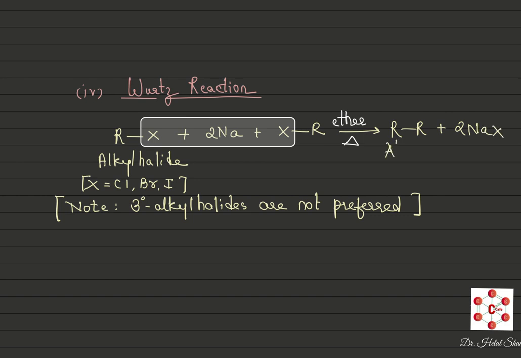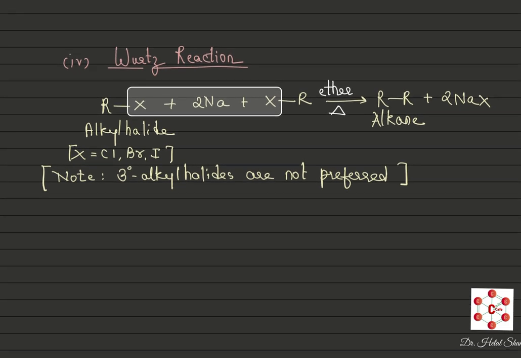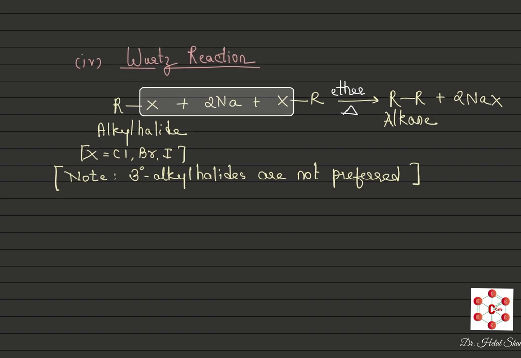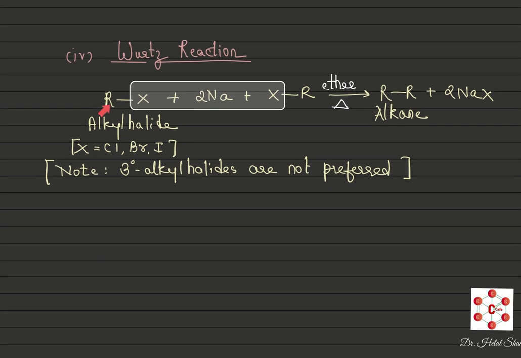This is an alkane formed. So alkyl halide gives alkane, but if you look at it, what exactly do we get? The alkyl halide has only one R, and your alkane has two R's. What does that mean?